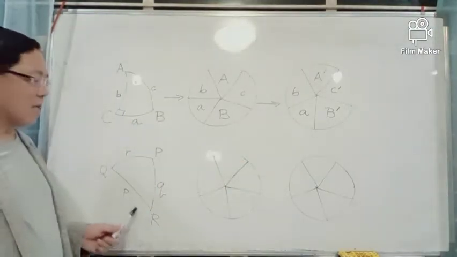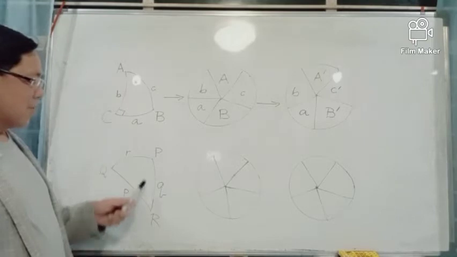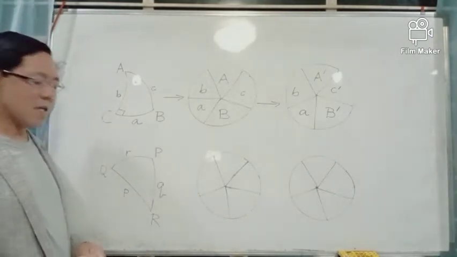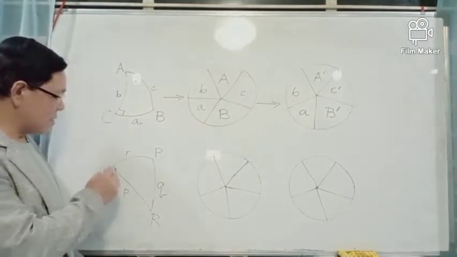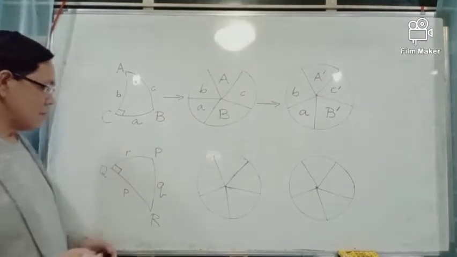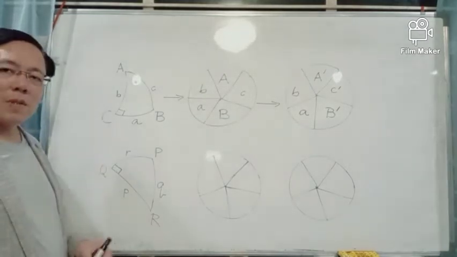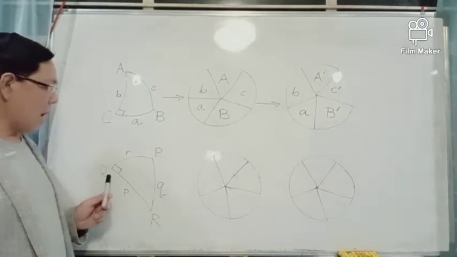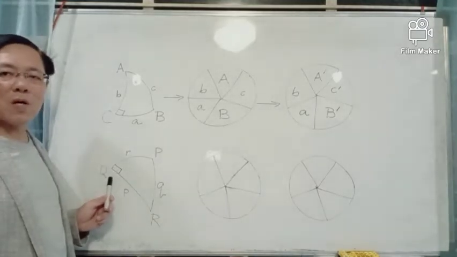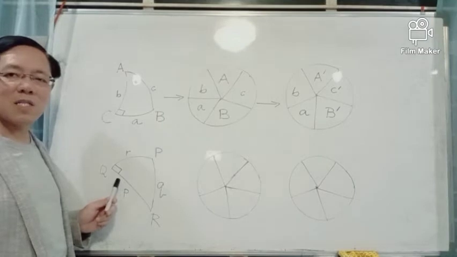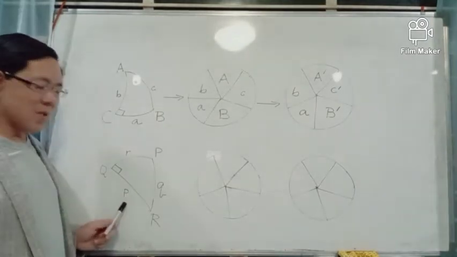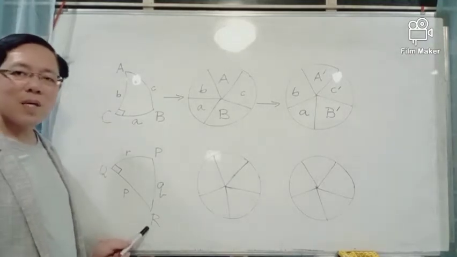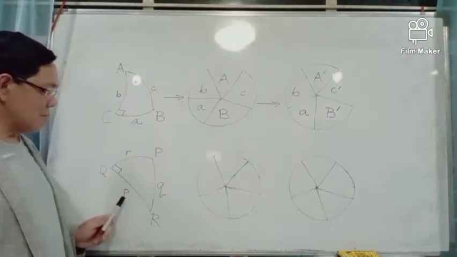Consider this spherical triangle through the vertices P, Q, and R. I will place the right angle at Q. So angle Q is a right angle and its measure is 90 degrees, which means that this is a right spherical triangle and only 5 parts will vary.